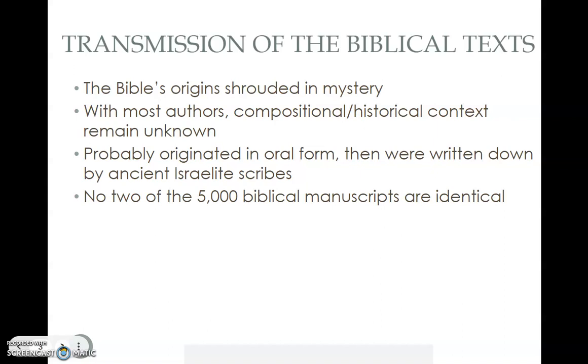And then the traditions were eventually written down by ancient Israelite scribes into the form, the shape that we are used to seeing. It is important to point out, though, that of the many biblical manuscripts that we have, not two are identical. They are very similar, but they are not identical. And what we find then is considerable variation among the manuscripts.